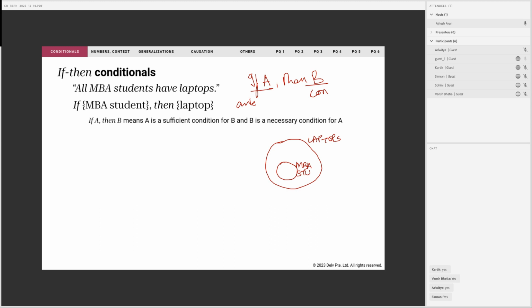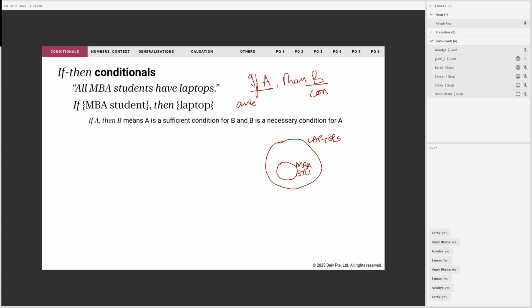So all MBA students will have laptops. This means that at a minimum, we must say something like these two will be the same size. At a minimum, that's what we have to say. But really, what we should be saying is that MBA students is contained within the set of people who have laptops. Does this make sense?